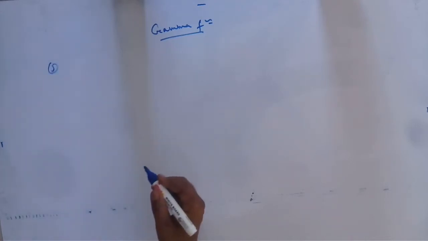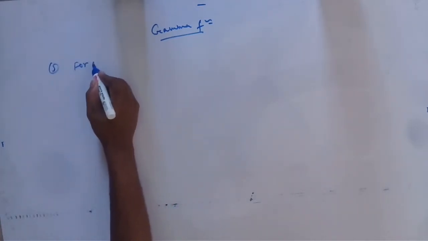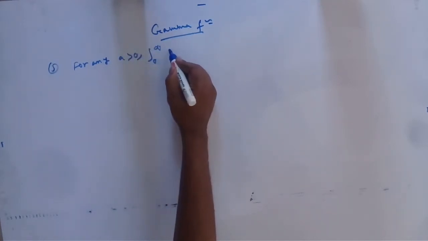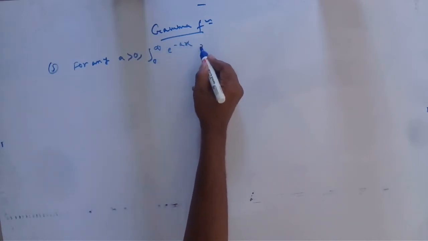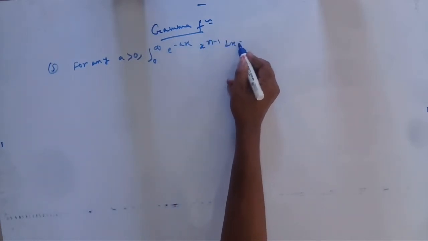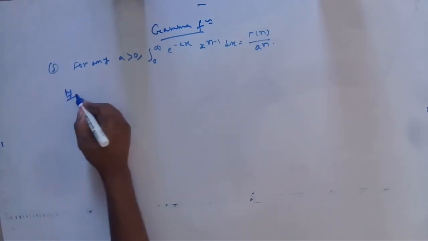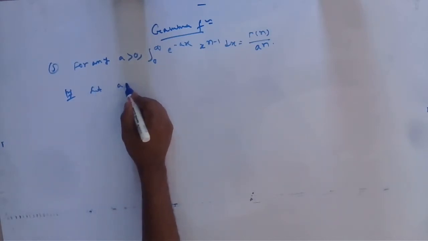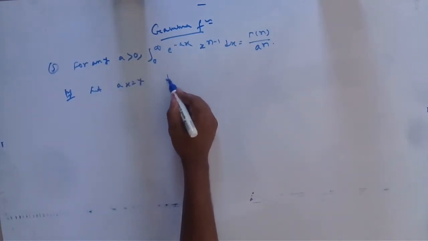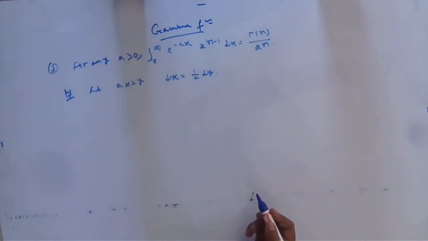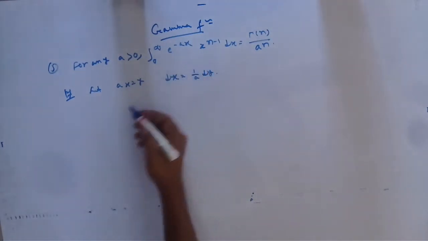Property number 3: for any a greater than 0, the integral from 0 to infinity of e to the power minus ax, x to the power n minus 1 dx equals gamma n by a to the power n. So the proof is, let us assume ax equals y, then dx equals 1 by a dy. Now the limits will not be changed, they will be the same.